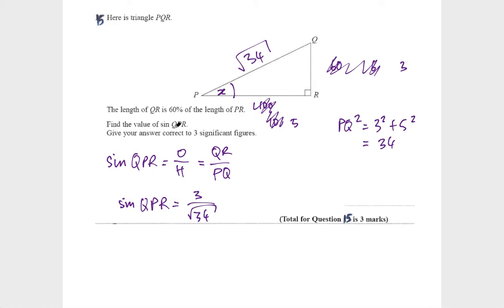And it actually doesn't want angle QPR, it wants the value of sine QPR, so I don't actually have to do the inverse sine with that. I literally just type into my calculator 3 divided by square root of 34, and that gives me the answer of 0.514. As always, I should probably write down the full answer, 1.44957.